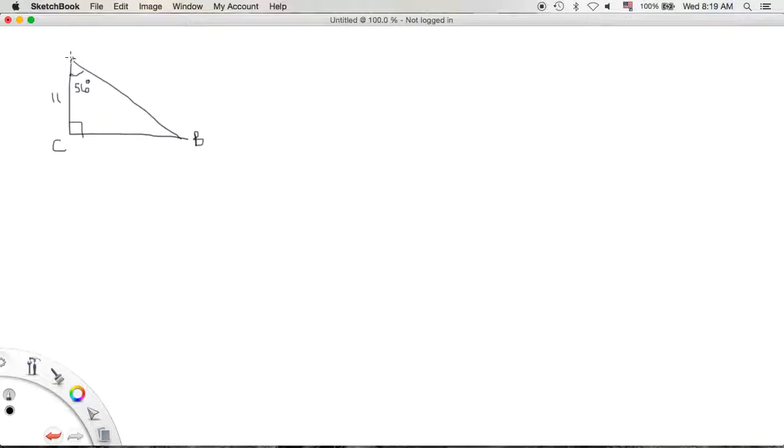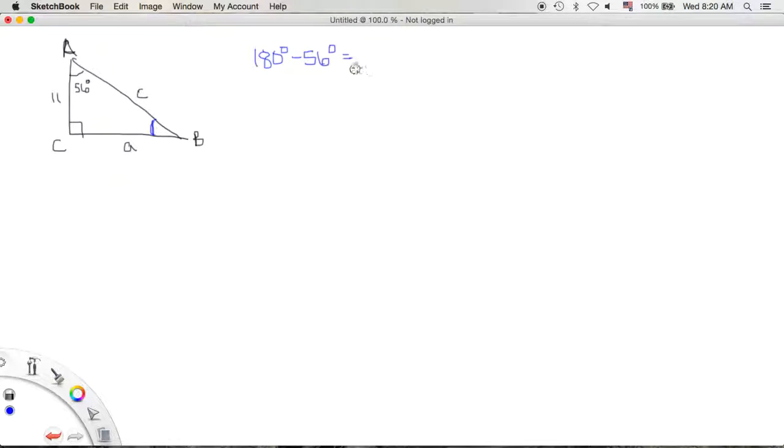If we know that this angle is 56 degrees and this leg is 11 units long, then we can find what the rest of them are. For example, there's 180 degrees in a triangle, so we say 180 degrees minus 56 degrees, and that'll give us this angle B right here.